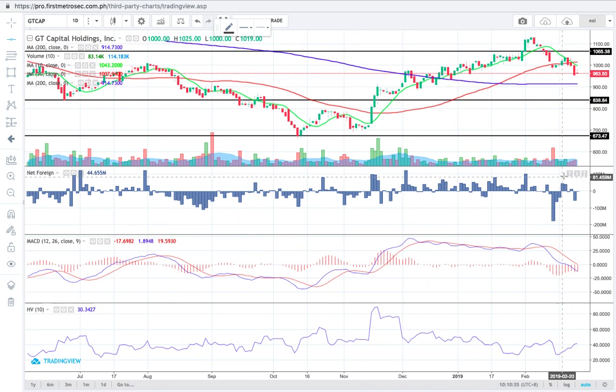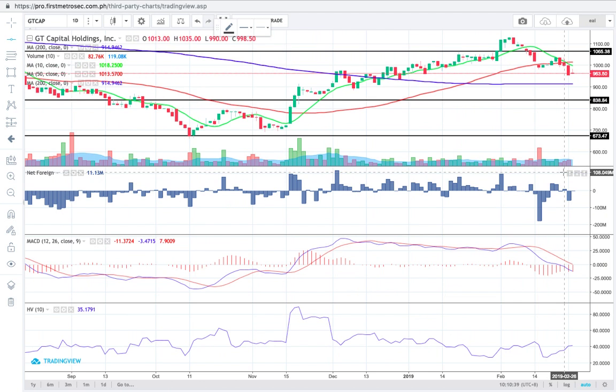That explains why those red candlesticks have not recovered yet after 3 consecutive days of red candlesticks. So foreign investors are also not particularly interested in GTCAP, at least for this week, not just this week, but in the entire February, they are net sellers month to date.